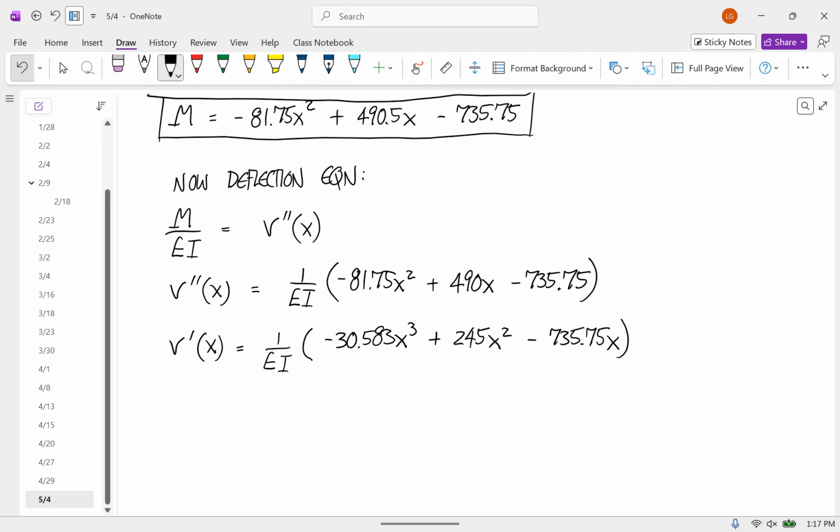But we've done an integration, so we need a constant of integration.